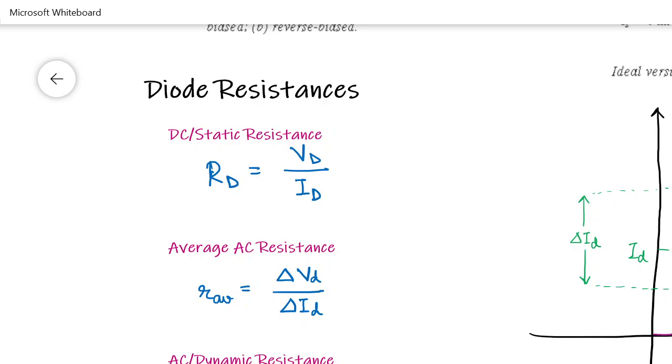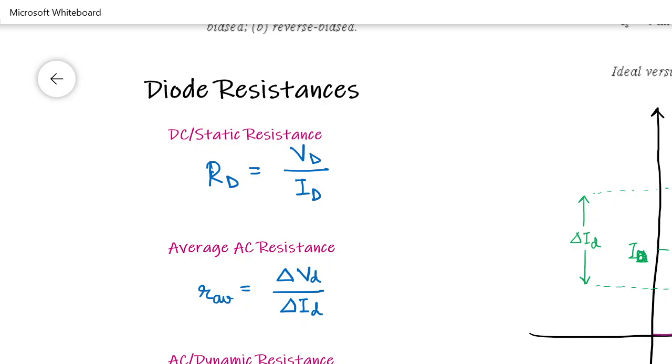At the Q point, the voltage is Vd and the current is Id. This should be capital D, as I have written in the equation, Vd and Id. So this is the static resistance, very easy, simply a ratio.